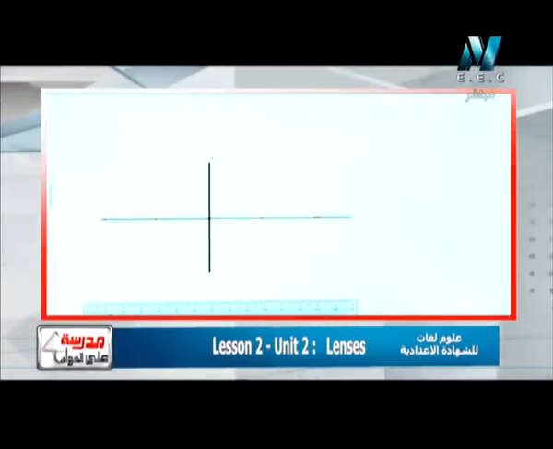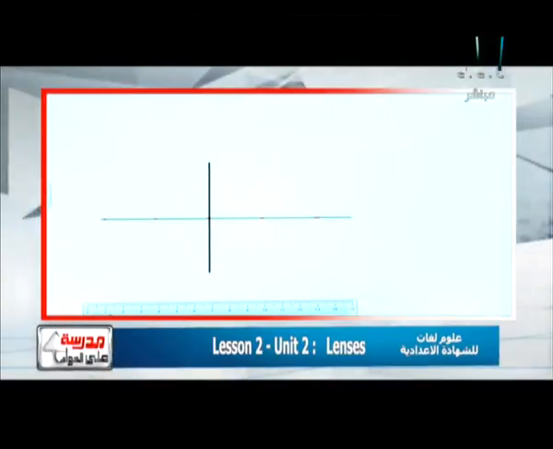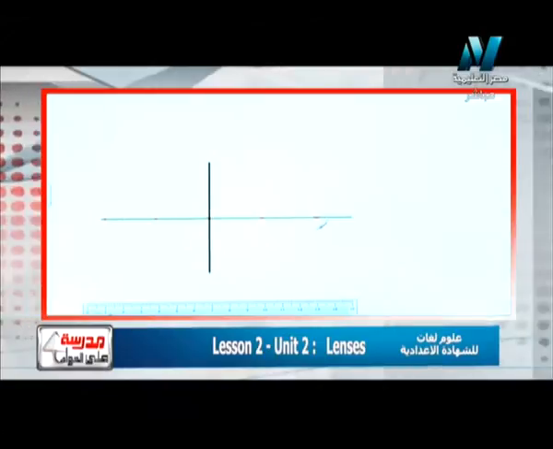At the middle, we will put a line or ray here to mention the point of refraction, عشان نعرف الريفراكشن حصل فين. So we have center of curvature, focus, optical center, focus, and center of curvature.